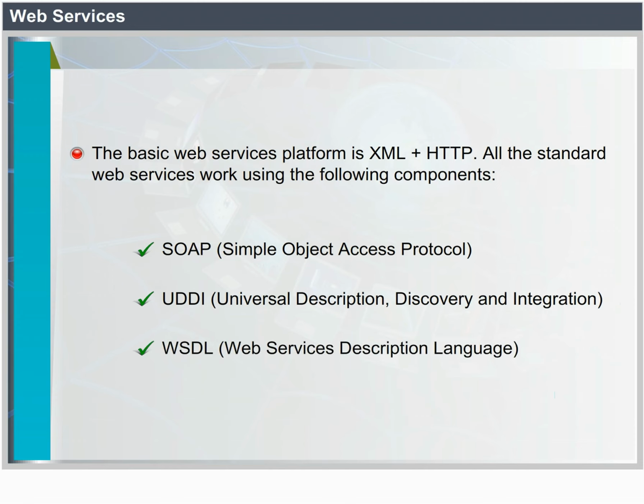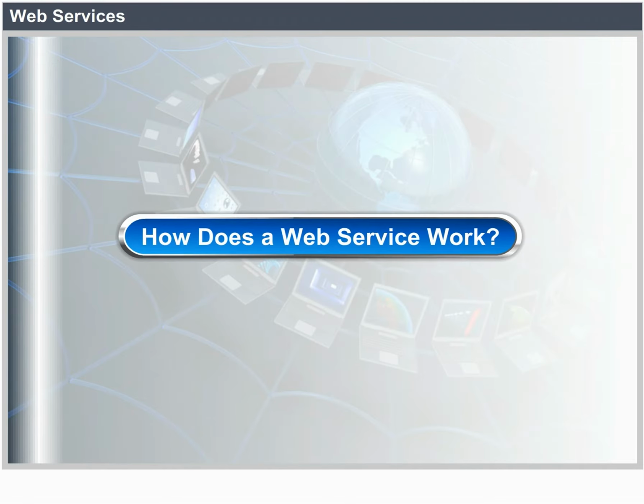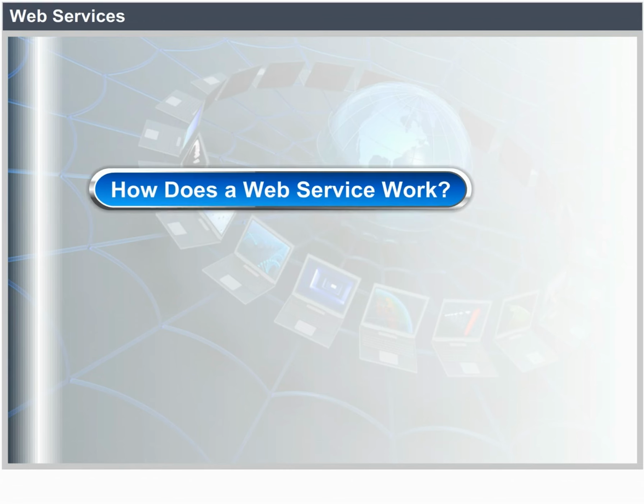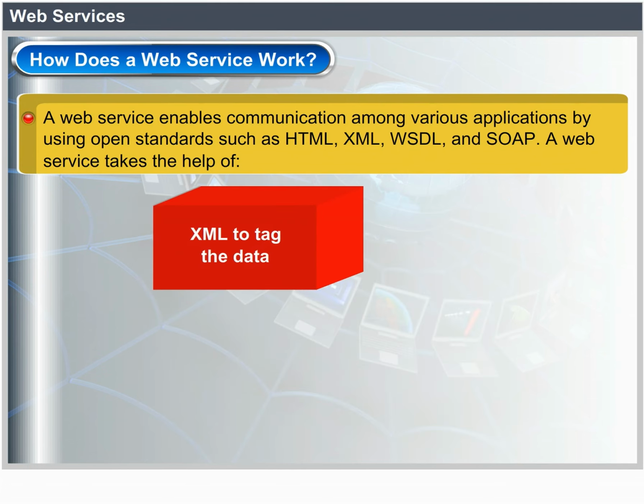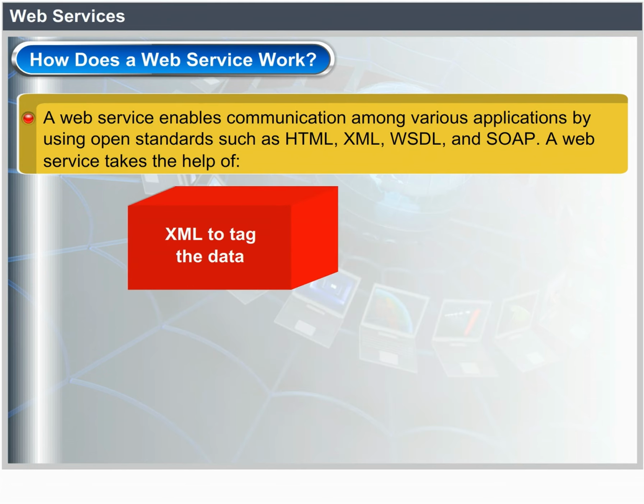A web service enables communication among various applications by using open standards such as HTML, XML, WSDL, and SOAP. A web service takes the help of XML to tag the data, SOAP to transfer a message, and WSDL to describe the availability of service.